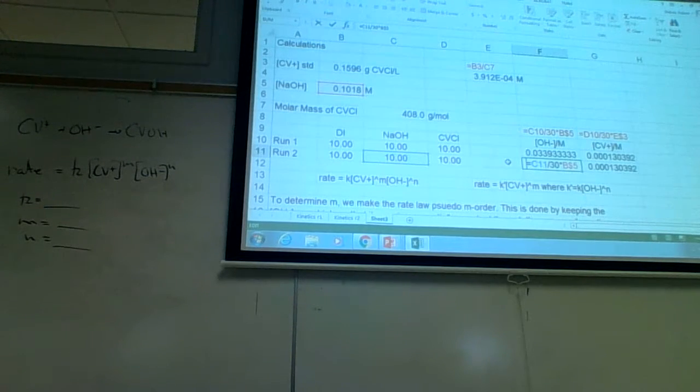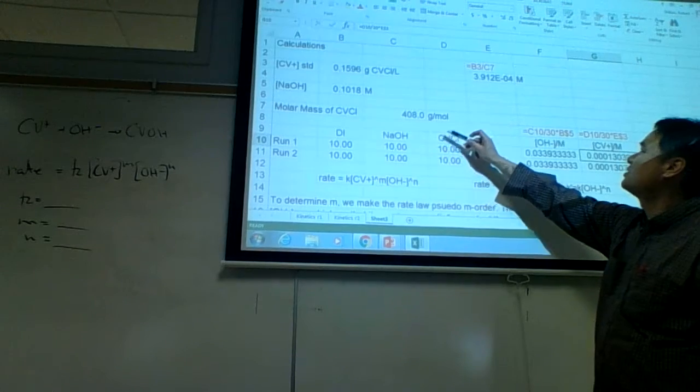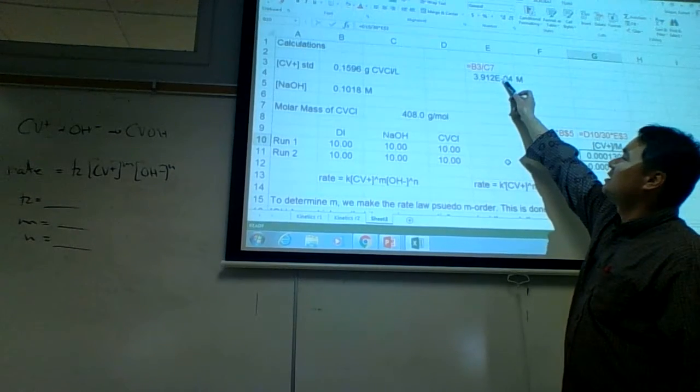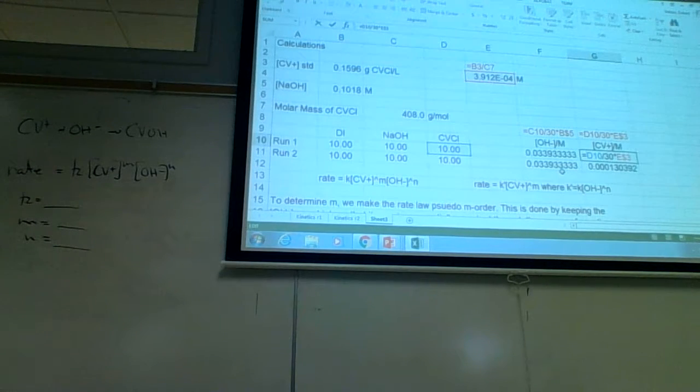Well, let's go back to run 1. The crystal violet is also going to be a 10 to 30 dilution here. So 10 to 30 dilution, and the concentration of crystal violet here in cell E3. The same thing here.